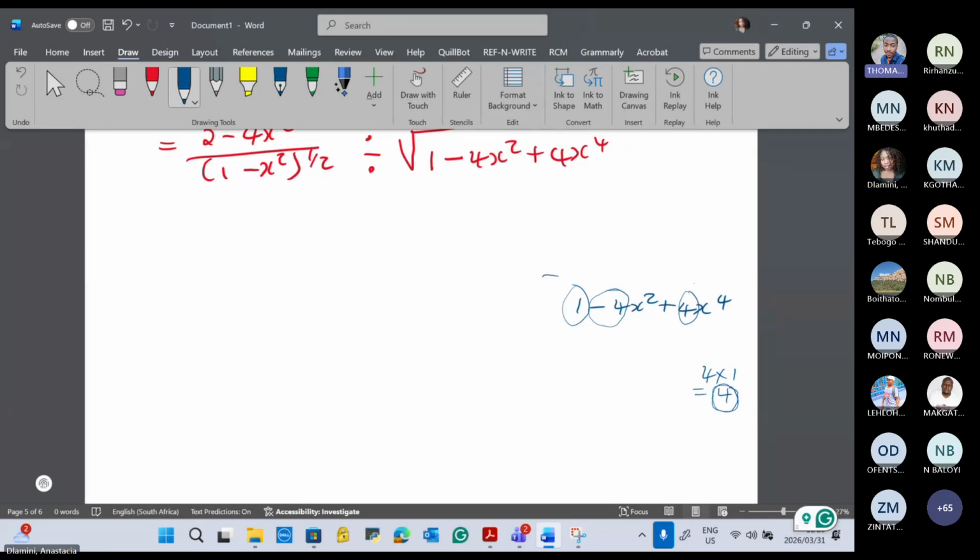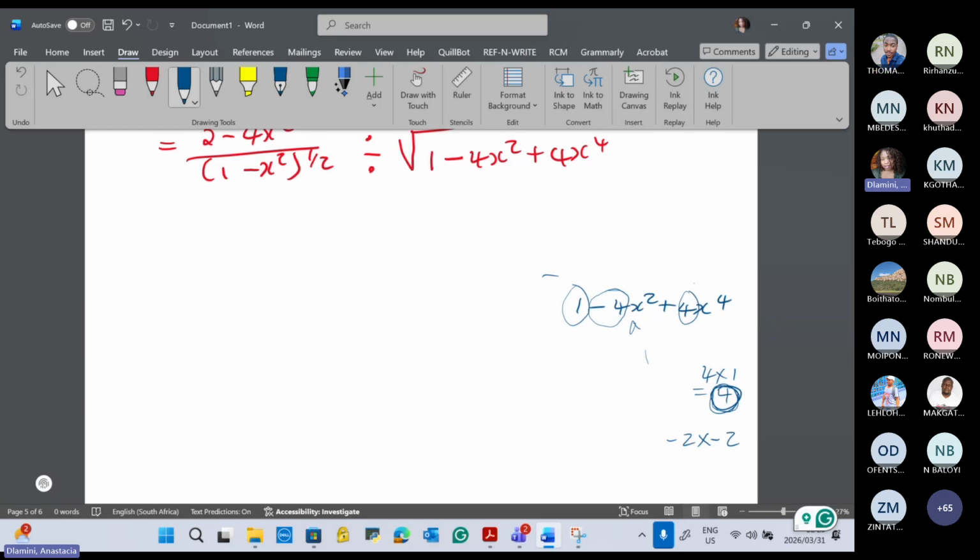It's minus 2 and minus 2. Minus 2 times minus 2 gives me 4, correct? When I add them, they give me negative 4. Well done.